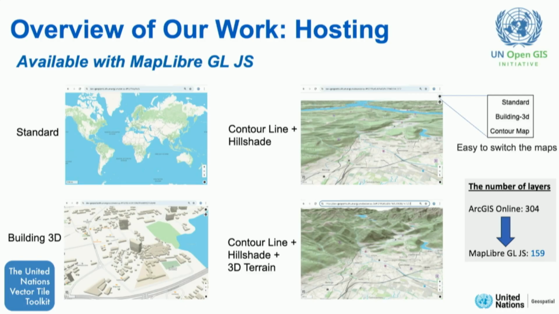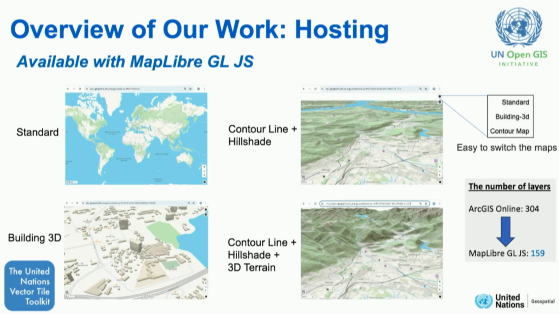Okay. Our map is also available with MapLibre GL JS. With MapLibre GL JS, we can display various types of maps such as standard, building 3D, contour line plus hillshade, and even 3D terrain combinations. Compared to ArcGIS Online, MapLibre gives us full control over how we display and host our maps.